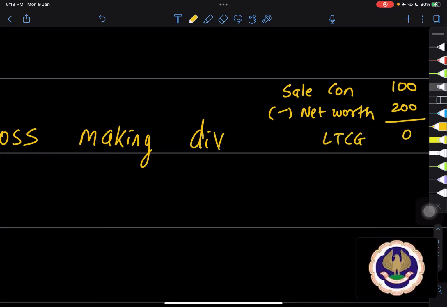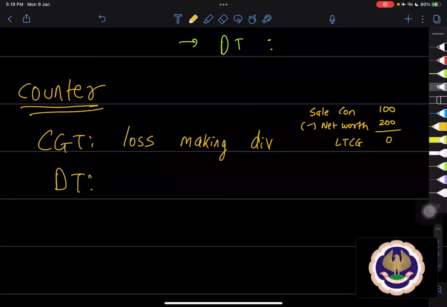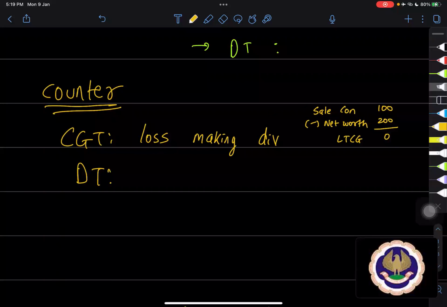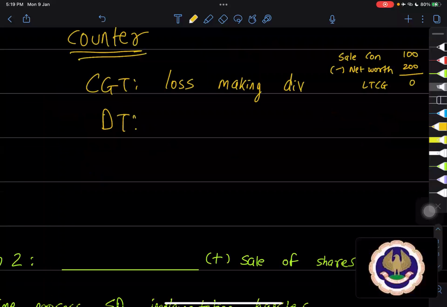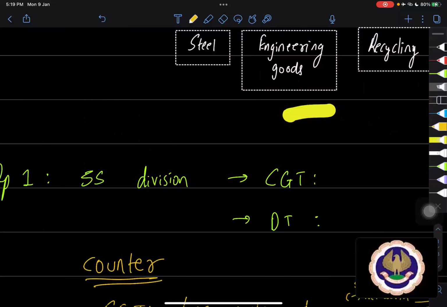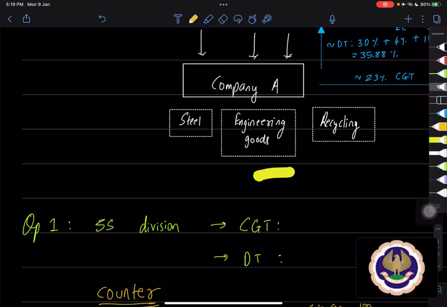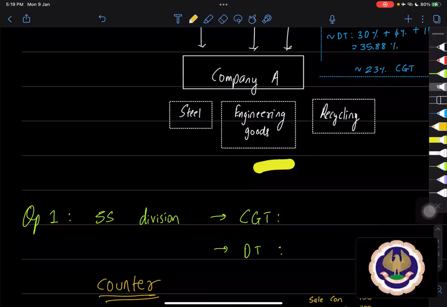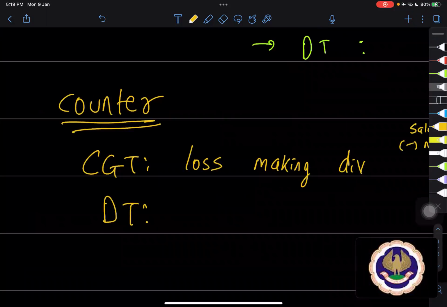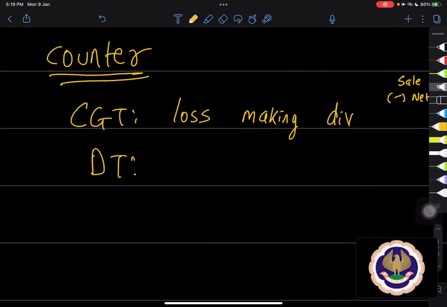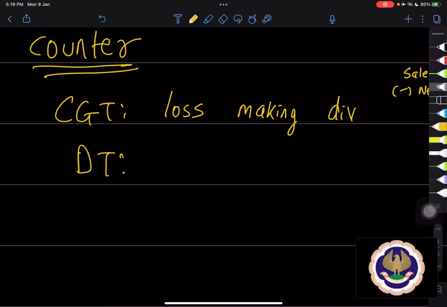It will actually be a loss of minus 100, but the capital gains tax will be 0. So the capital gains is completely eliminated. It's not going to be very common, it's going to be rare. But it is a possibility that the capital gains becomes 0 if the division is loss-making.